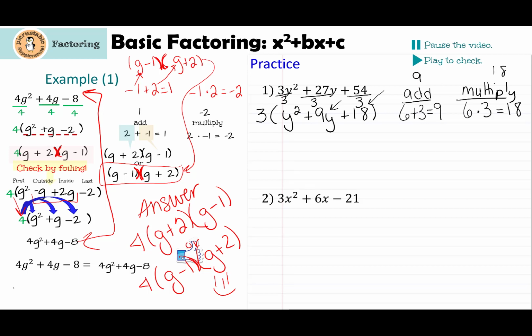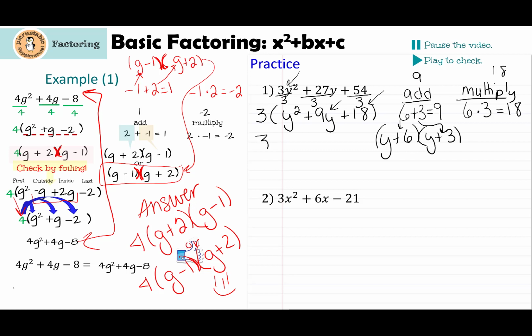What is it going to factor into? Well, we're going to have y, because we have y's here, plus 6. We have a positive 6. Hook my parentheses, and then y plus 3. Well, y plus 3 is because we have a positive 3 here.